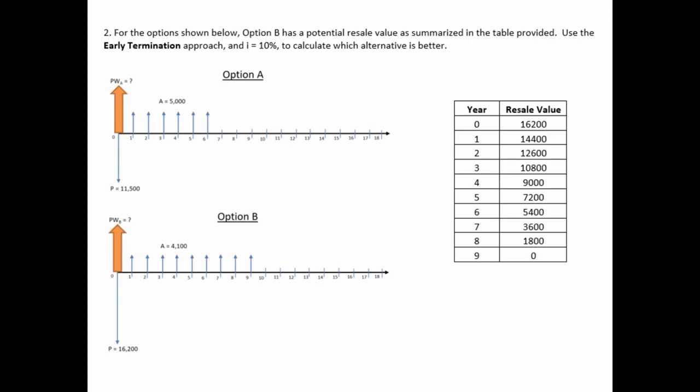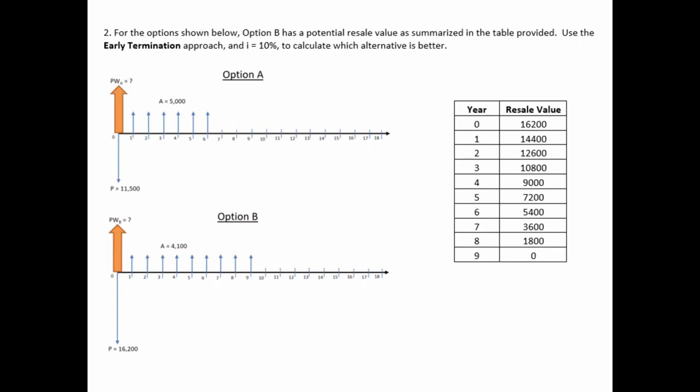So if you sold it the very same moment that you bought it, you could get all of the value back. But if you sell it after only 1 year of use, then its resale value is $14,400. And you can see the trend is the longer you own the equipment, the lower and lower its resale value becomes. That trend is called depreciation. When equipment is losing value, the older and the more used it becomes, that's the depreciation of its value.